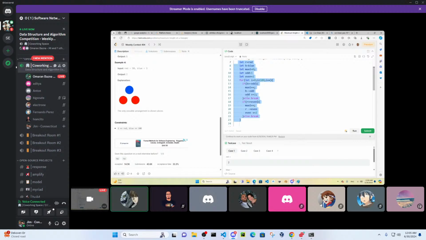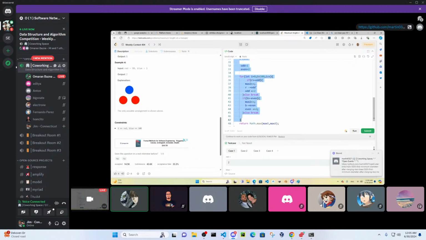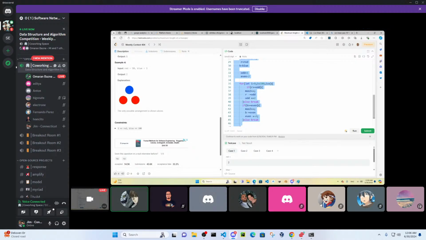Now the same code block, I copied it and defined max2, assuming that we start with the red ball first. This time the red will be the odd, and the blue will be the even. So we get max2, and then just return the maximum of max1 or max2.